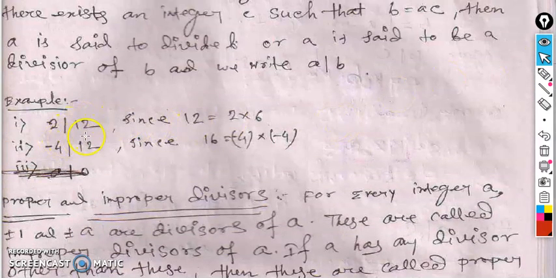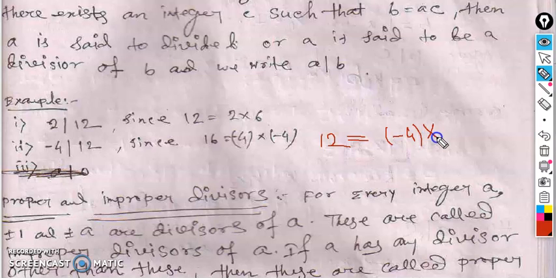2 is a divisor of 12, and minus 4 is also a divisor of 12, because 12 can be written as 2 into 6. Here we wrote it wrongly; that should be 12 equals minus 4 into minus 3.